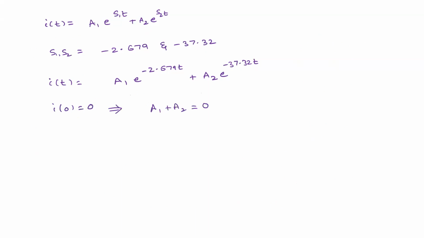This itself is not enough to find a1 and a2, so we require one more initial value. How to get another initial value?